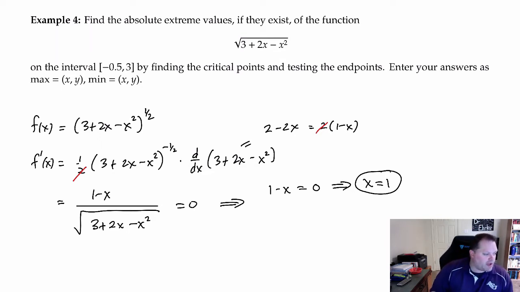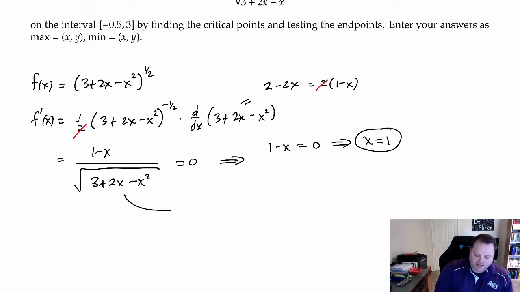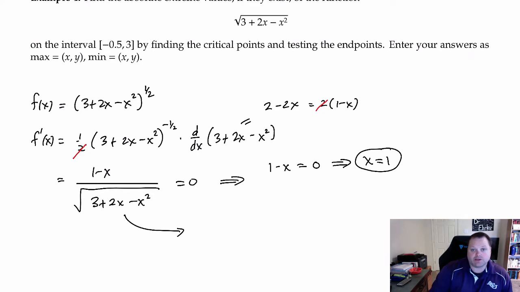Well, the thing that you have to look at here is the denominator. Is it possible that the denominator has any points that make it 0? Because the original function is valid for any values as long as this thing is not negative.